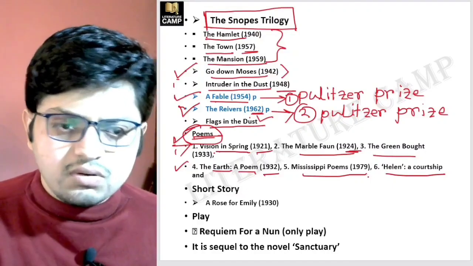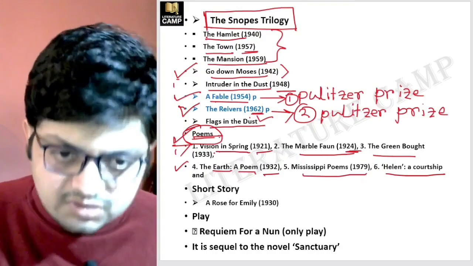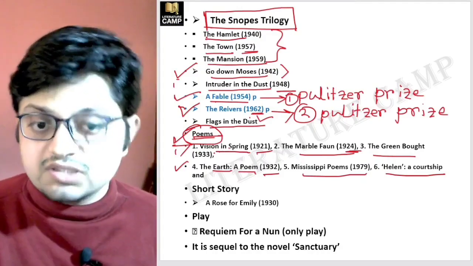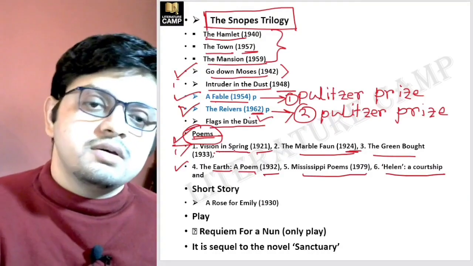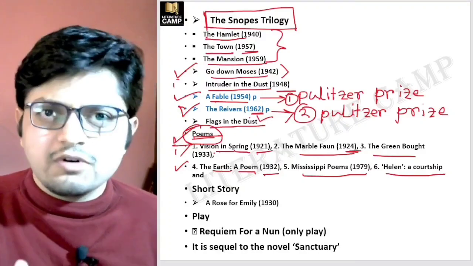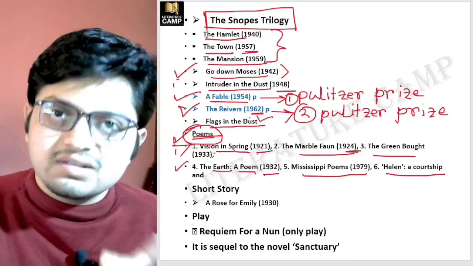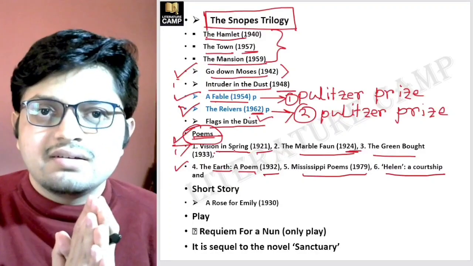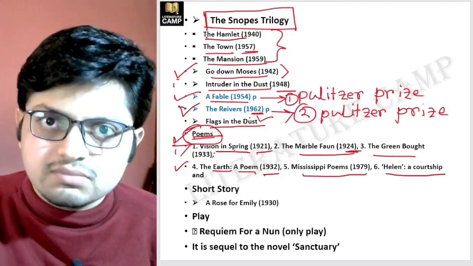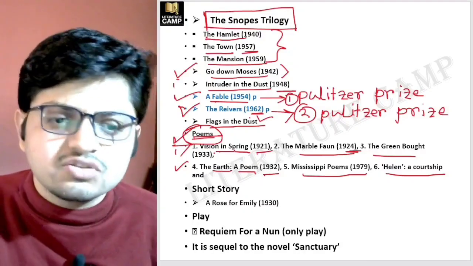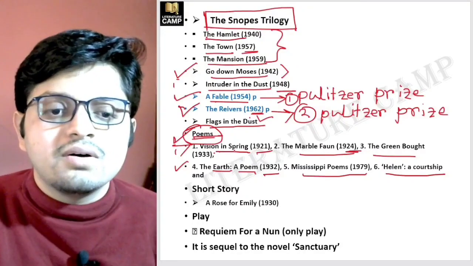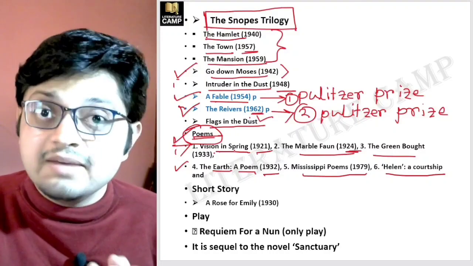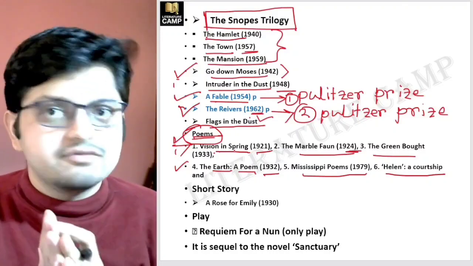So these are all poems written by William Faulkner. Generally, Faulkner is famous for his novels, but they can ask the names of his poems. They can also ask the short stories or the play written by William Faulkner.